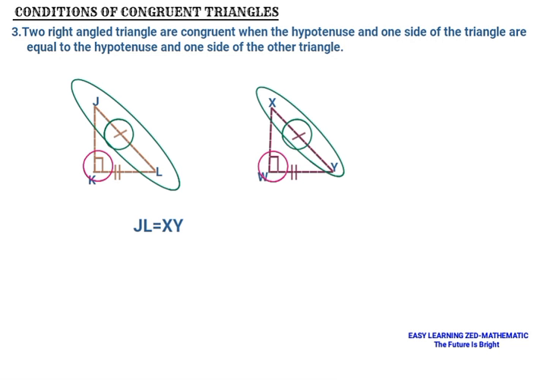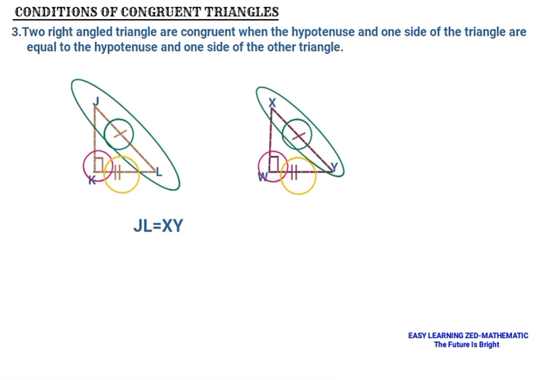Okay, so now these two triangles are made from a right angle, and they have got the same distance of hypotenuse. Then let's look at the one circled in yellow and that one.